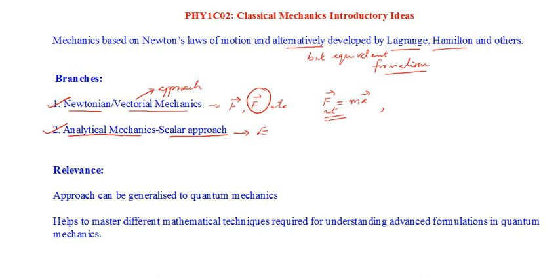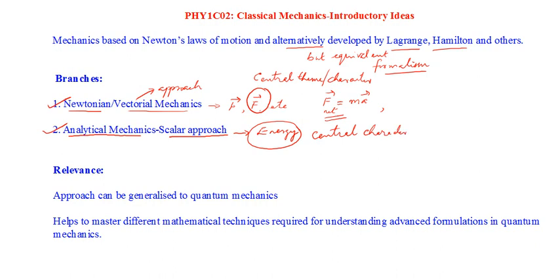For example, energy is one of the core concepts. In the Newtonian formulation, force is the central theme or character. Energy is the central character in the analytical mechanics point of view.